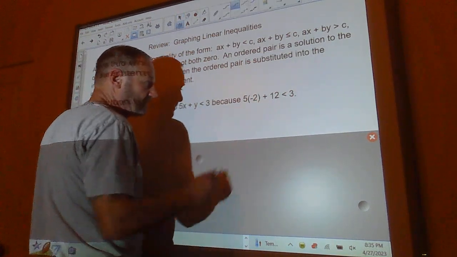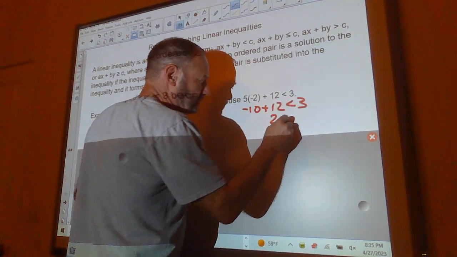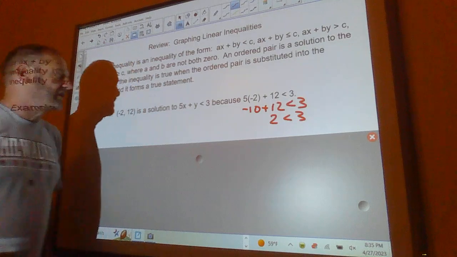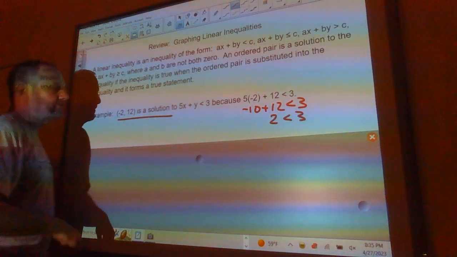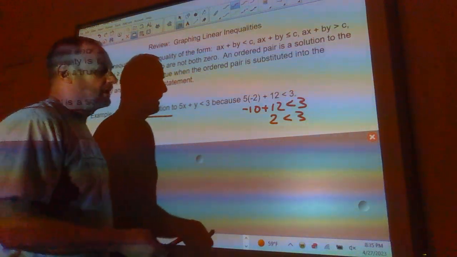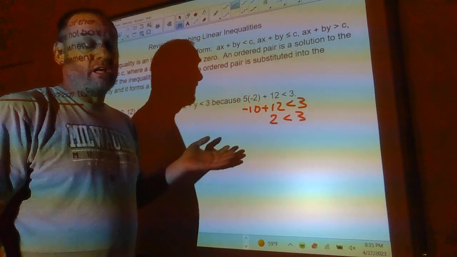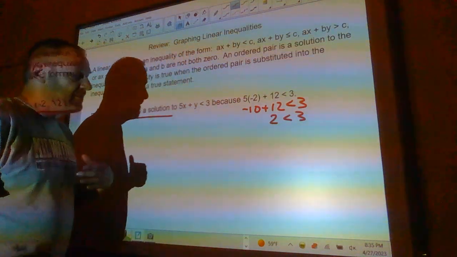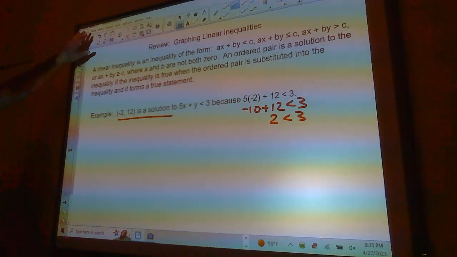That's -10 plus 12, which is 2, which is less than 3, and that's a true statement. So this is a solution. If it was a false statement, say 3 is less than 2, then it would not be a solution to the linear inequality.